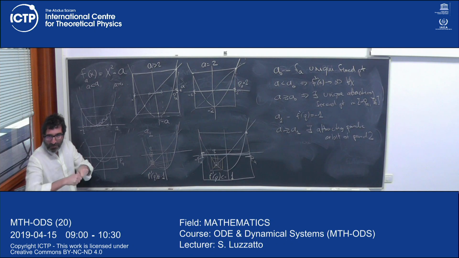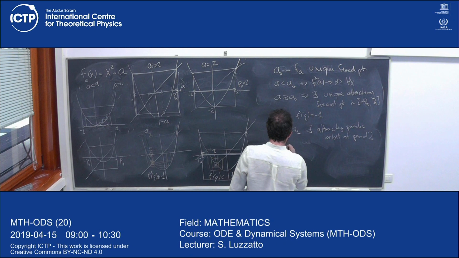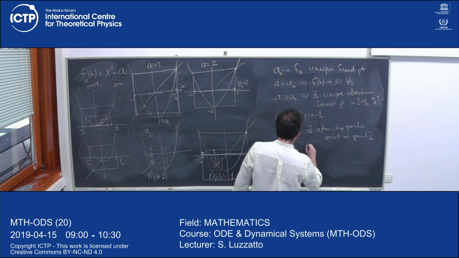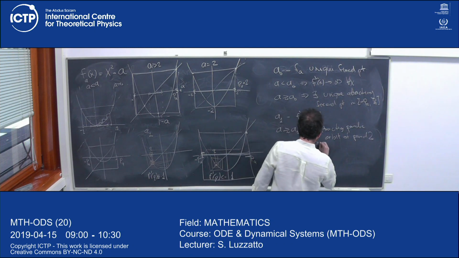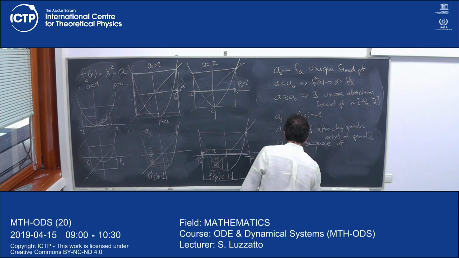So that periodic point becomes repelling, and it gives rise to an attracting periodic orbit. Okay, so we have a sequence A2, A3 of what's called period doubling bifurcations.